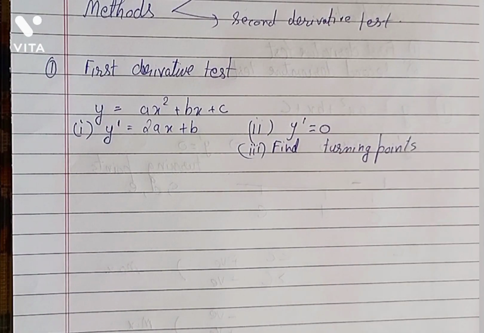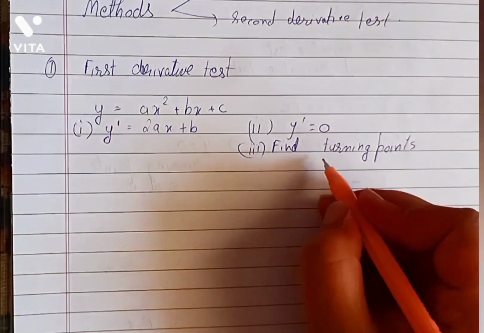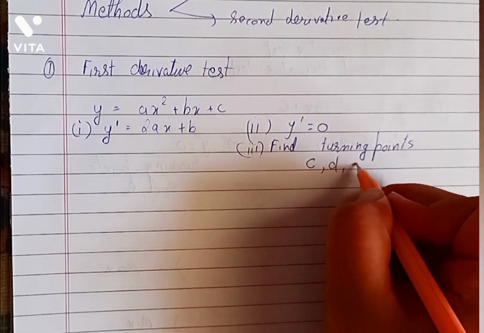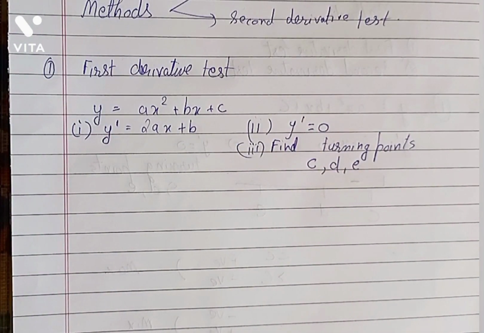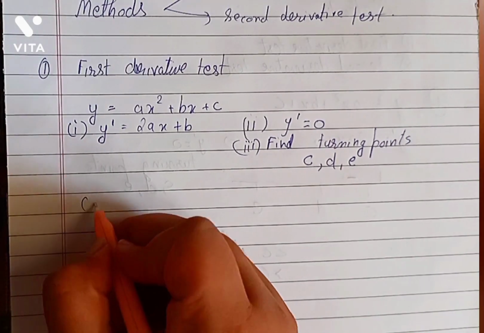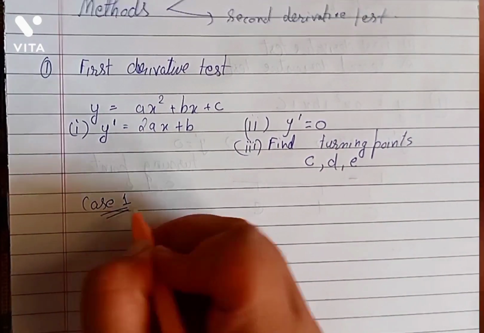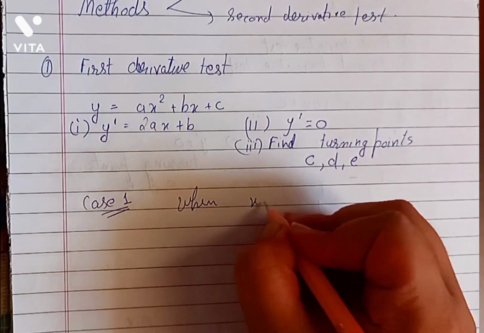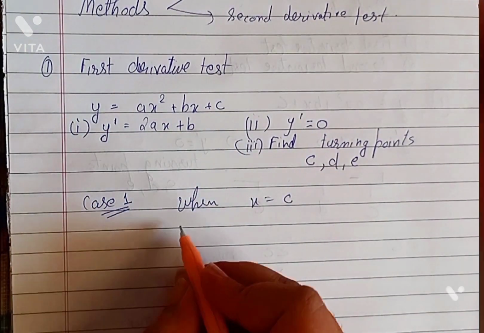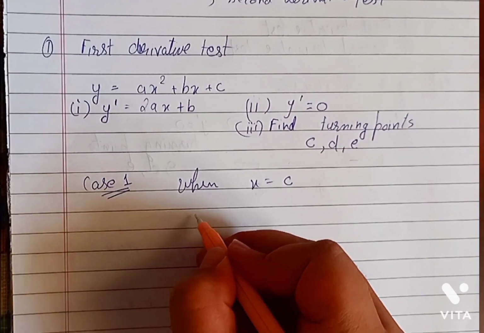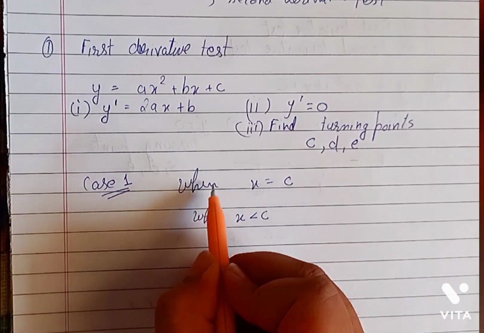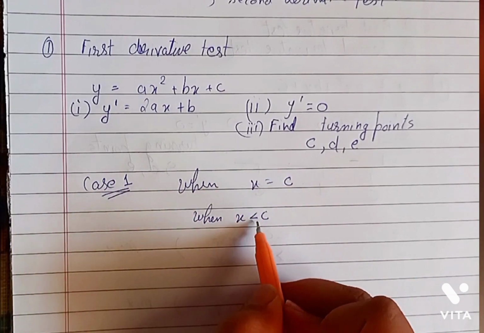Now we have found the turning points. Suppose I got the turning points as c, d and e. Now I'll make cases. In case 1, I'll take x equal to c. We'll find when x is less than c. We'll take a value which is slightly less than c.